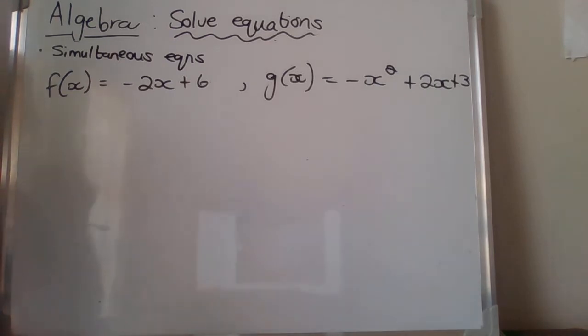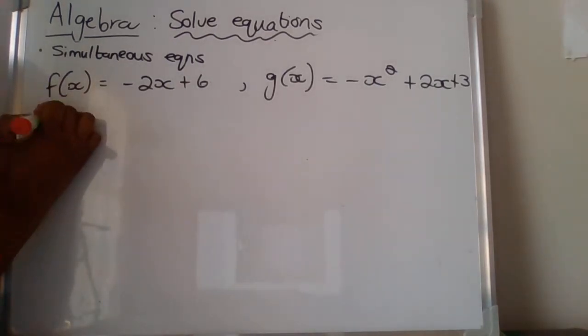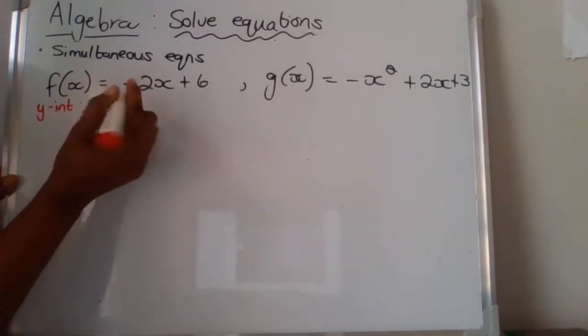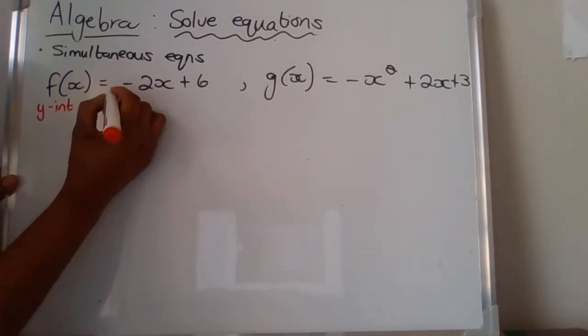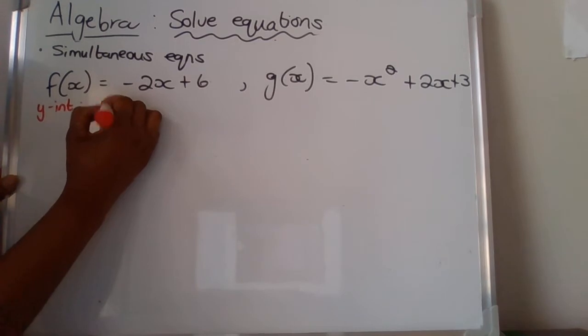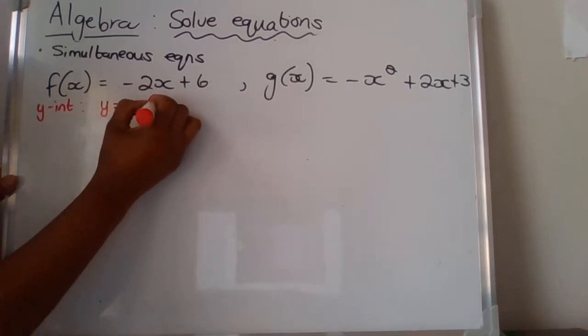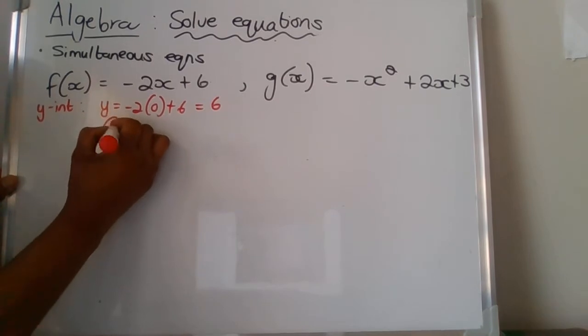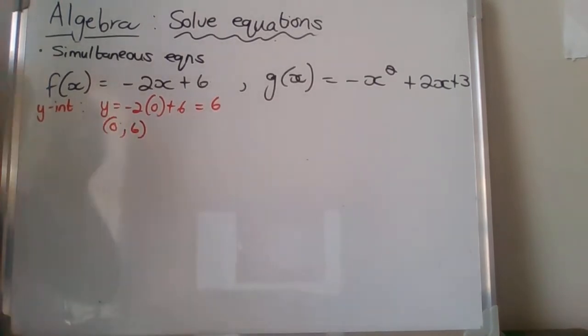So using the intercept method, the y-intercept on the straight line is where you make x equal to 0. So therefore y equals minus 2 times 0 plus 6, which is 6. So my y-intercept is (0, 6).